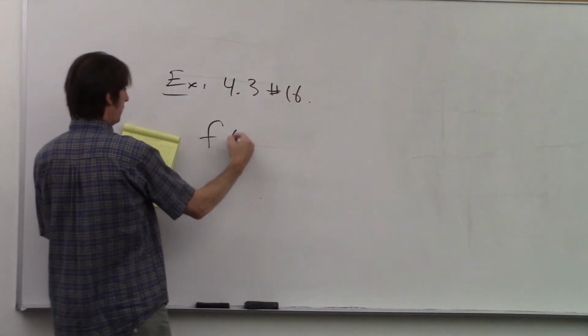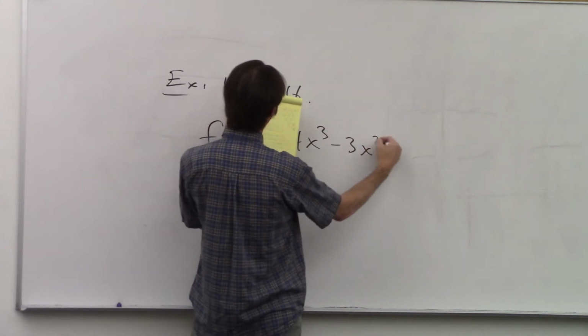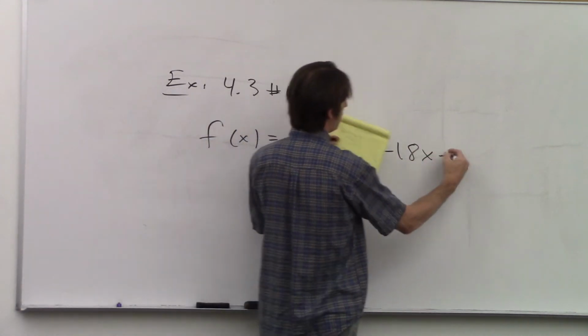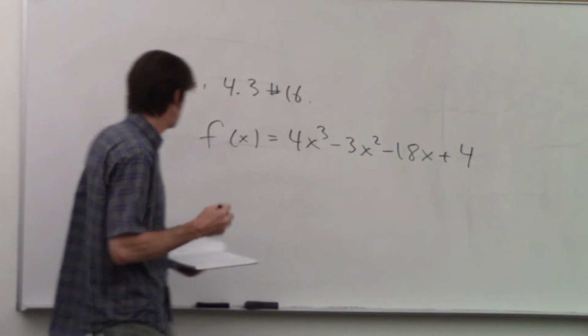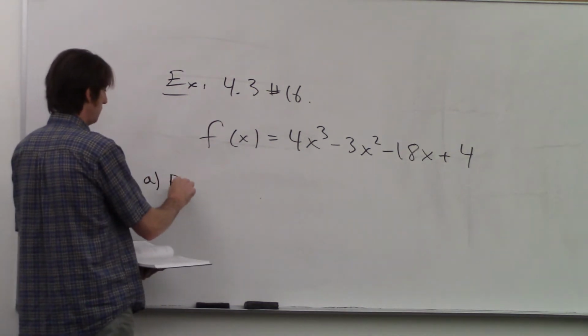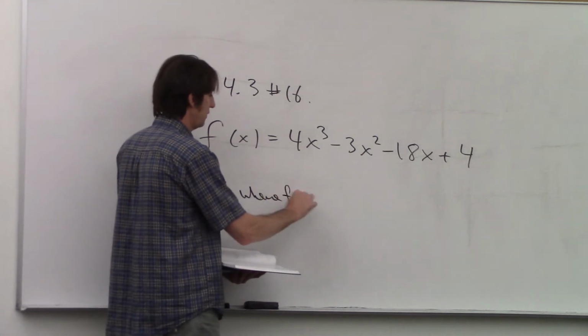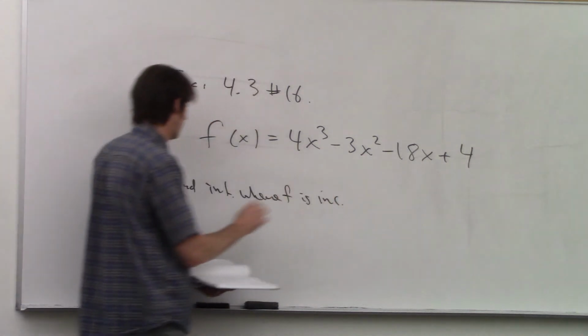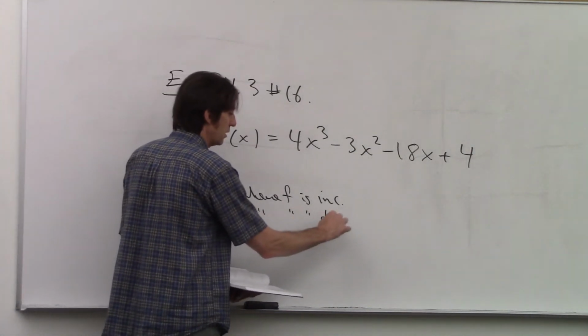The function in this example is f of x equals 4x cubed minus 3x squared minus 18x plus 4. And I want to do a few things. I want to find the intervals of increase and decrease. Okay, so find intervals where f is increasing. I'm going to try to also find intervals where f is decreasing.